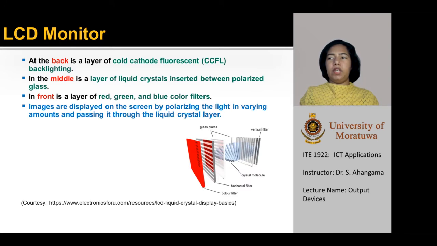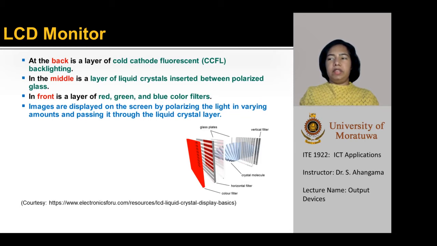The LCD works on the principle of blocking light. Here, polarization is a process in which the vibration of light waves is restricted to a single plane, resulting in the formation of light waves known as polarized light.